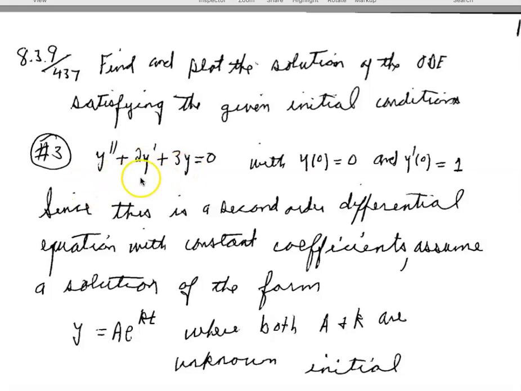So this is the differential equation you have to solve, and it has two initial conditions. At t equals 0, y equals 0, and at t equals 0, y prime is equal to 1.